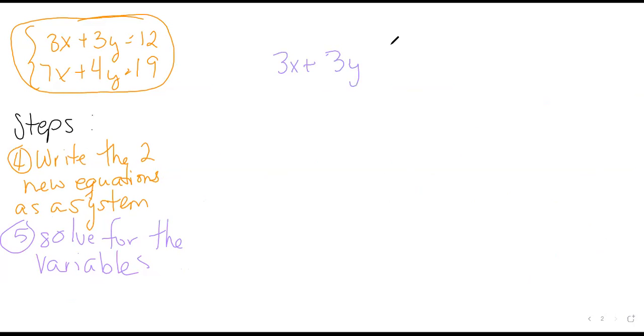Now in this case, both of them are positive, so I'm going to have to multiply one equation by a negative number, but we can figure that out when we decide which variable we want to get rid of, X or Y. There's no wrong answer. You guys just tell me which one.